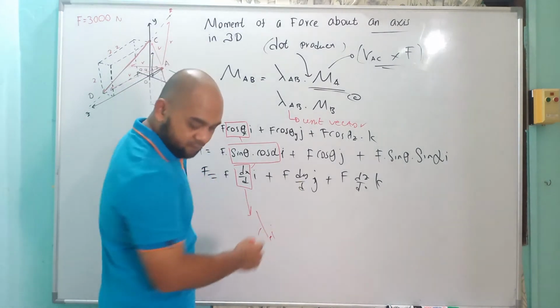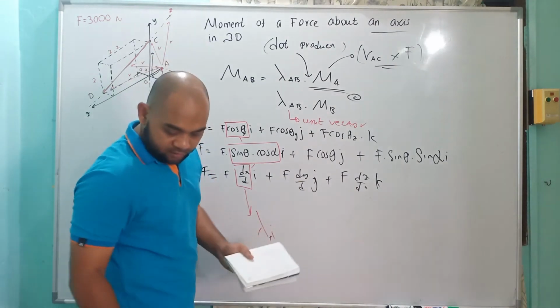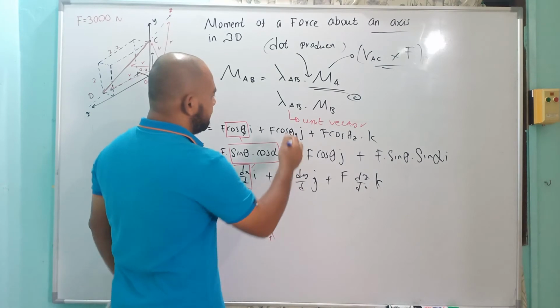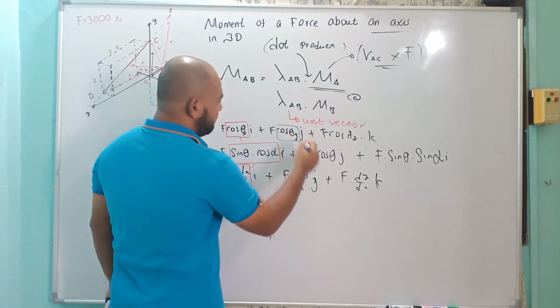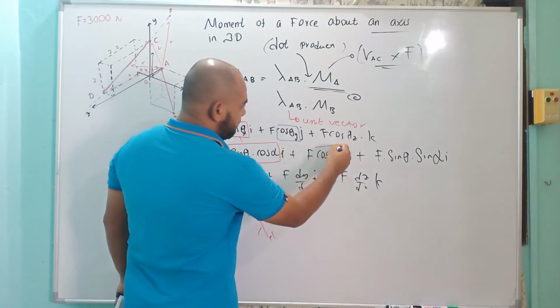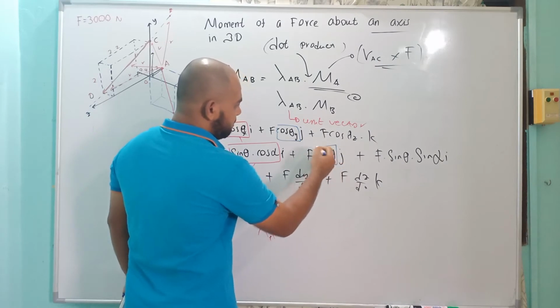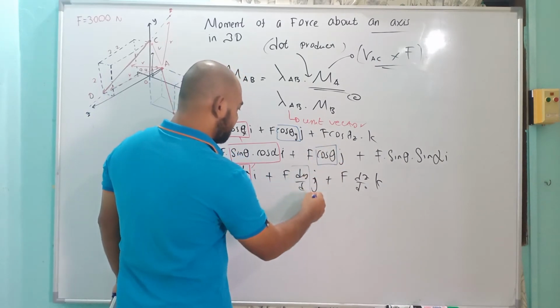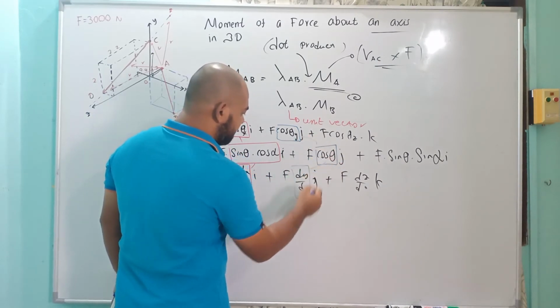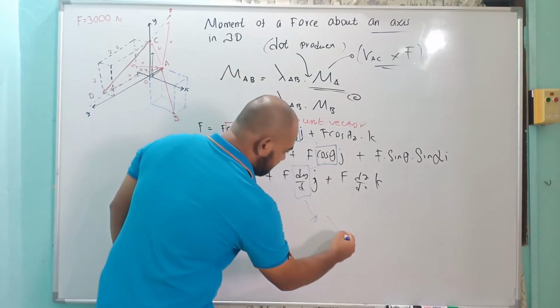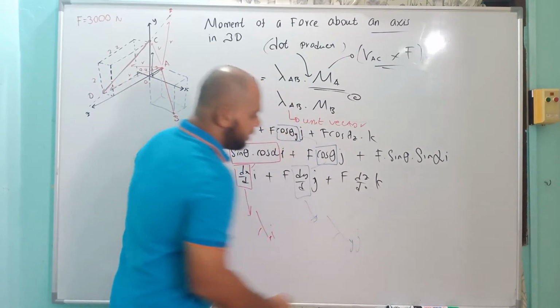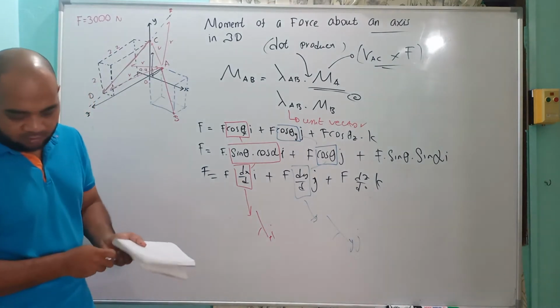And then in another color, cos theta y and dy divided by d, all these three, this is lambda y j.